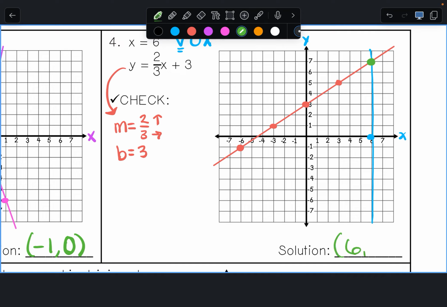What's missing from the second equation? The y-intercept. So if the y-intercept is missing, that would tell us that the y-intercept is 0. So this one's going to start at 0. The slope is what? 3 over 4.